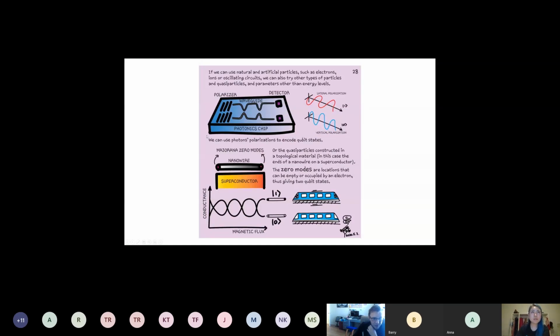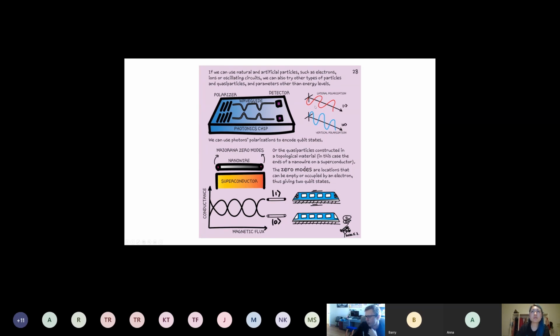So one example of using other parameters than energy level is using photons. There are photonics chips built that would guide your photons on chip, and you can manipulate their polarization.